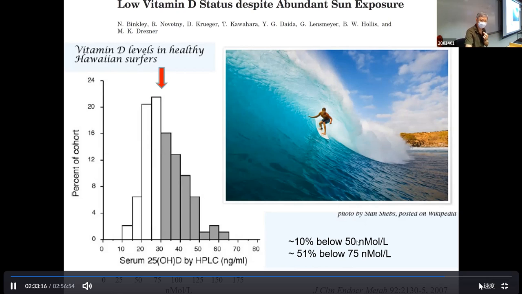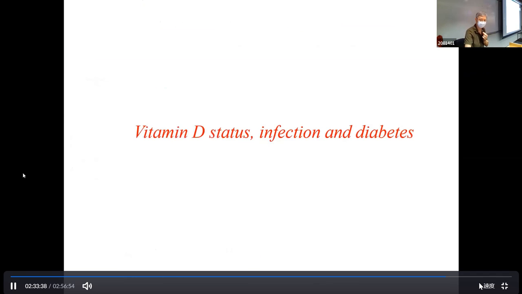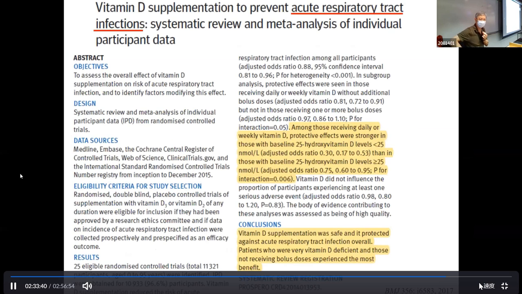So a good 10% is below the 20 that is the cutoff. But if you use 30, okay, if you just move the cutoff here, then a good half of the surveyed subjects are lower than the cutoff value. Now, the problems associated with vitamin D status are many, okay, and I'm just highlighting this to you.